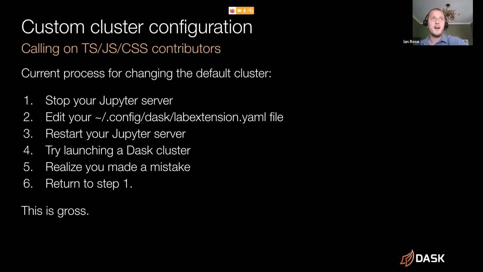Another thing that would be very helpful if somebody wanted to do it is custom cluster configuration. When I launched my local cluster, I had it configured to launch a local cluster. That's fairly easy to do. But let's say I was trying to customize it and launch a different kind of cluster. The current workflow for doing that is we put this config in a YAML file in our config directory that describes how to launch the cluster using the Dask Lab extension. This file is read by the extension, and it uses that to launch new clusters.